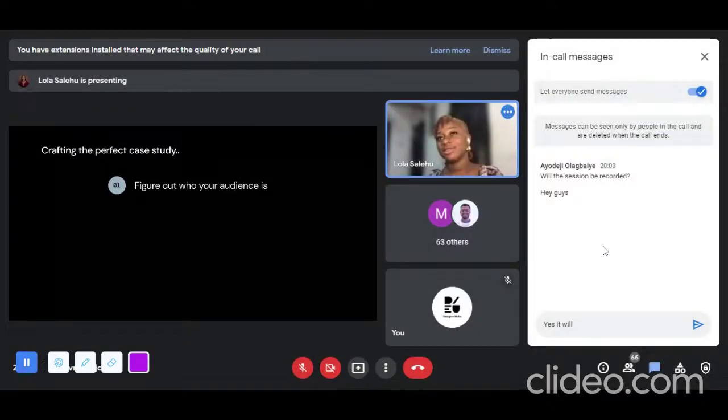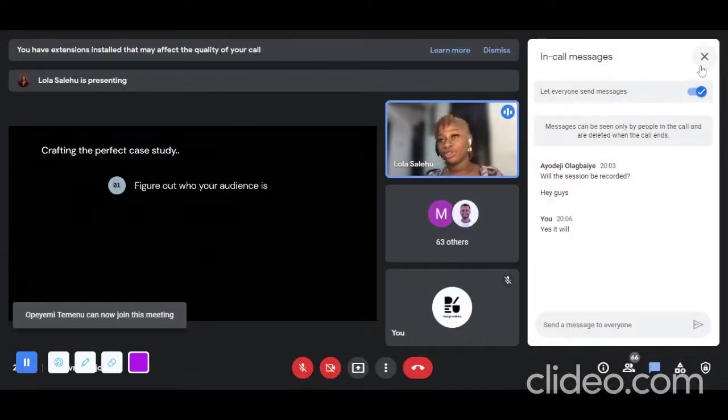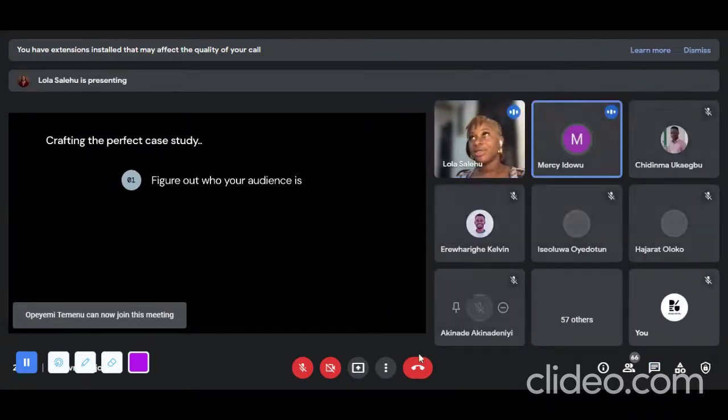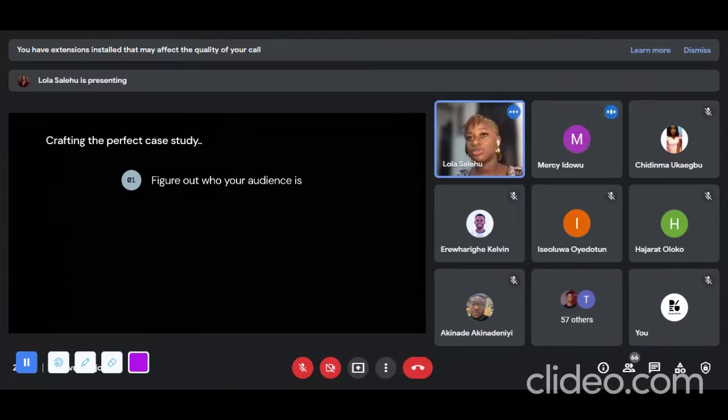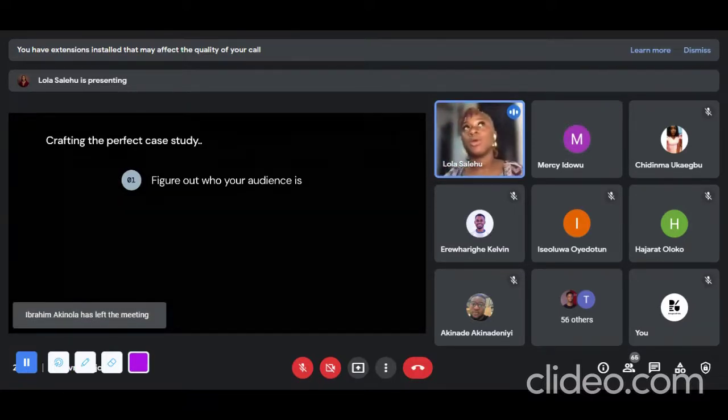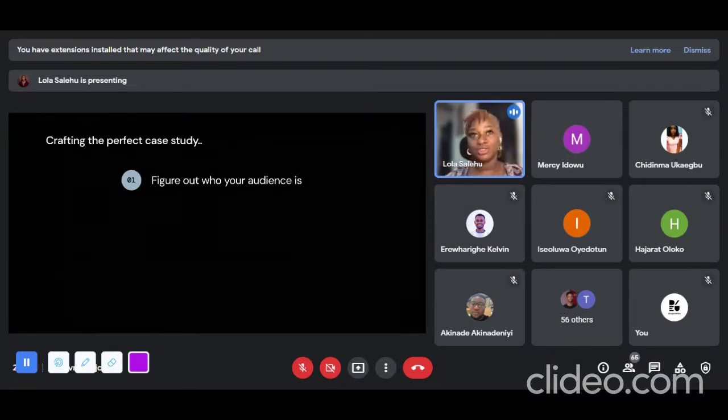But typically that one version of your case study cannot effectively communicate to all the audiences that will be reading it. There are only so many use cases that one case study can cater to, and you have to really think about who you're trying to reach on that specific platform.